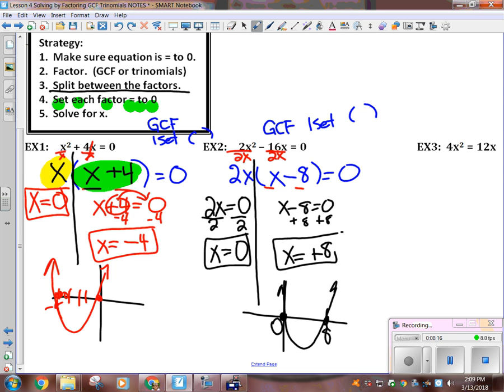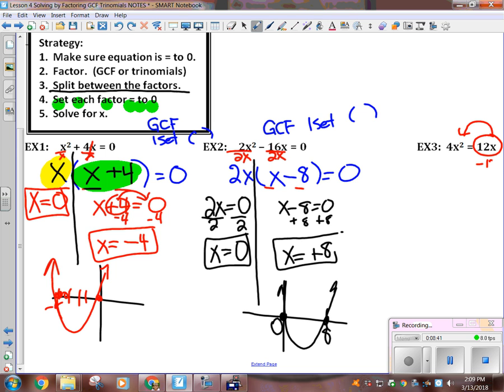What's wrong with example 3? It does not say equal 0. So I need to make sure it says equal 0. What do I need to do with 12x? If I bring 12x over here, I actually want to subtract it.